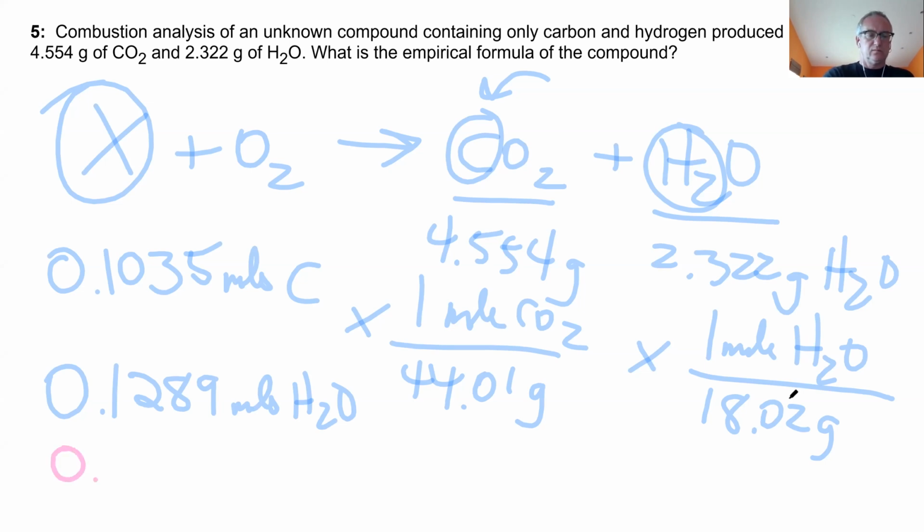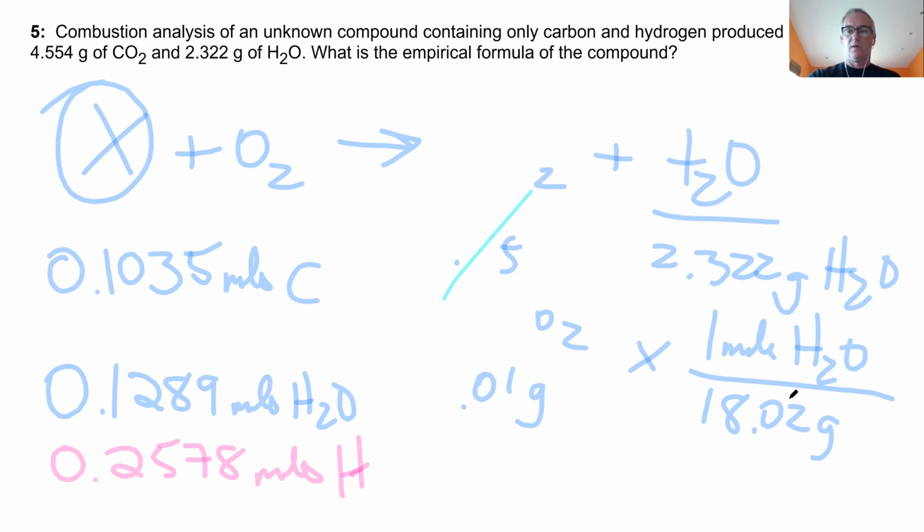That is 0.2578. So this is what we've been looking for the whole time. Remember, when we're looking for an empirical formula of a compound, what we want is the ratio of carbon and hydrogen. And now we have it.